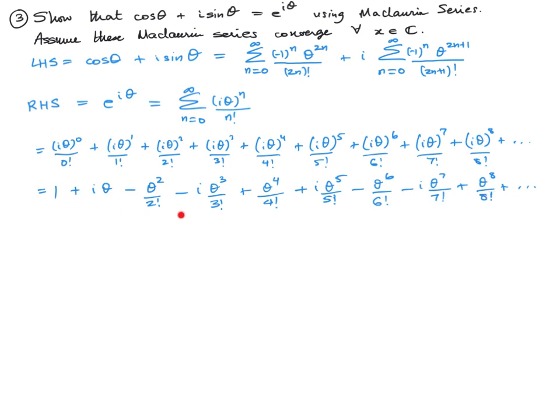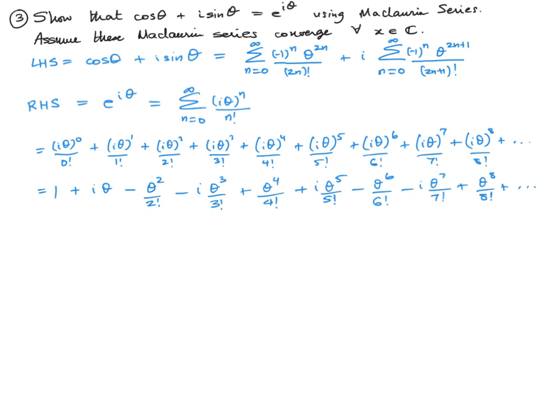So I've got the first 9 terms here to the degree 8, where I worked out what i to the whatever exponent is going to be. Now remember, i to the 4th, i to the 8th, i to the 12th, i to the 16th, any multiple of 4 in the exponent of i is going to be positive 1. And then i squared, i to the 6th, i to the 10th, i to the 14th.